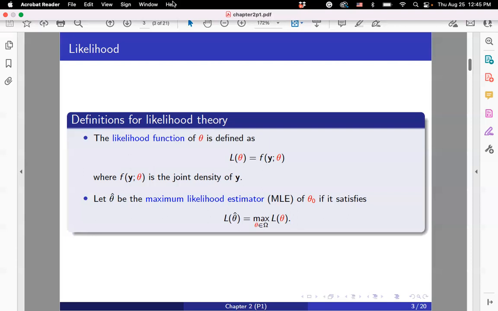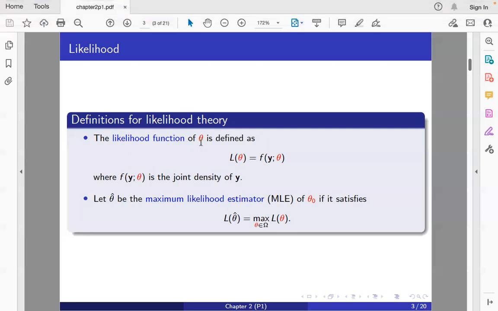Likelihood is a basic tool for learning with a statistical model, and the idea is very simple: use the joint density as a function of theta, and try to maximize it with respect to theta. Notice that I use red color for theta, which means that theta is unknown and has to be determined.